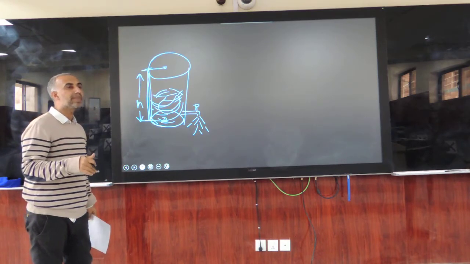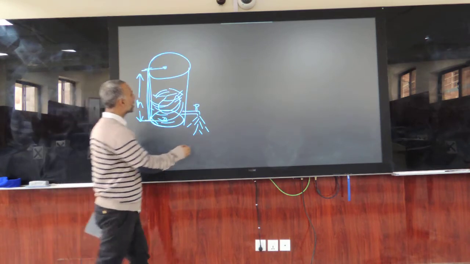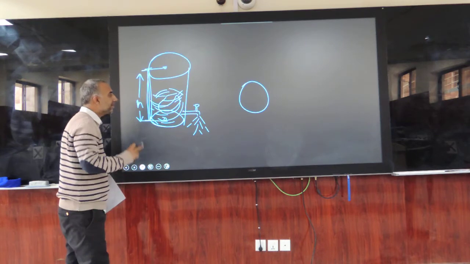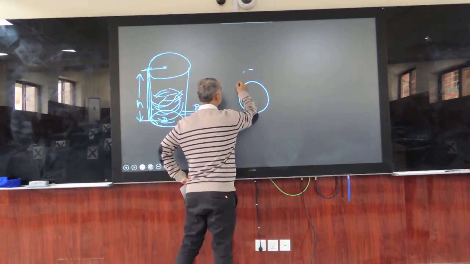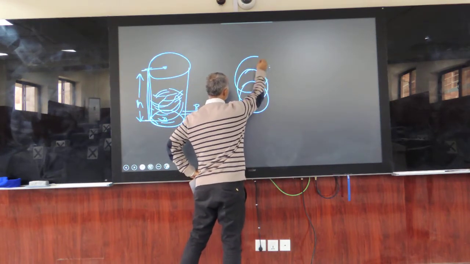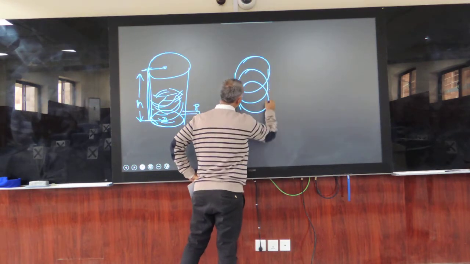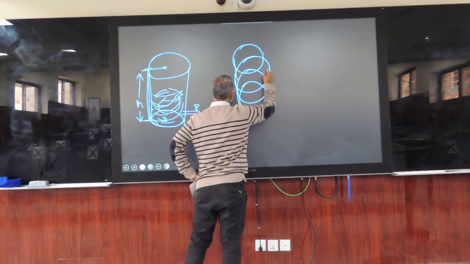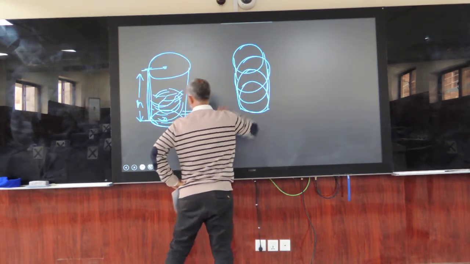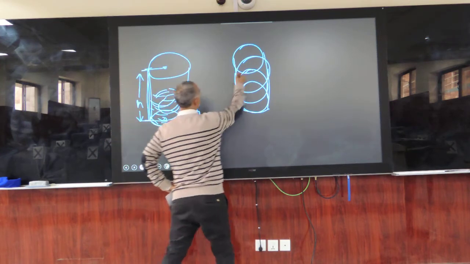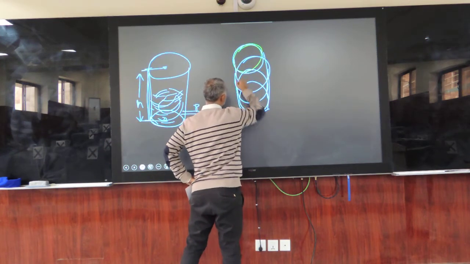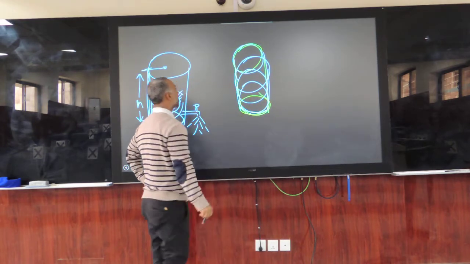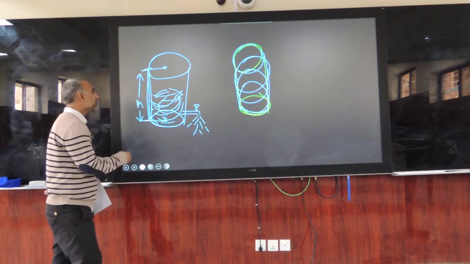It is a 3D shape. For example, this is a circle, and if there are too many circles and we connect all of them, then it becomes a volume. If I remove the top and the bottom, I can say it is a cylinder volume.